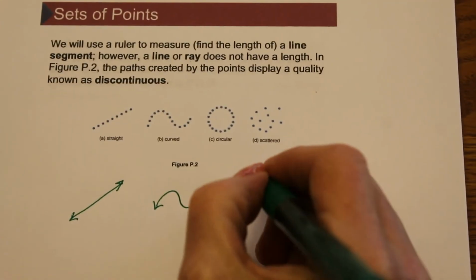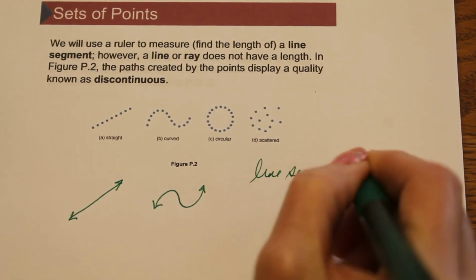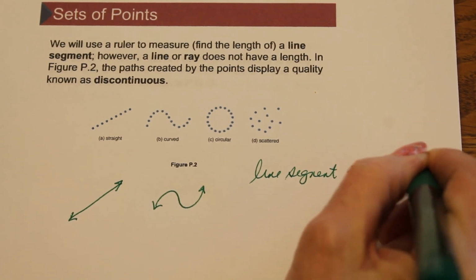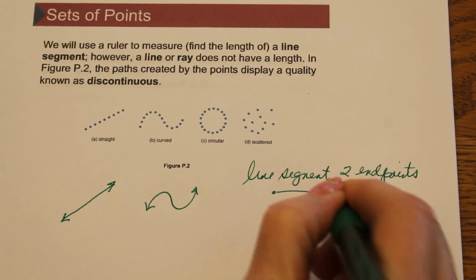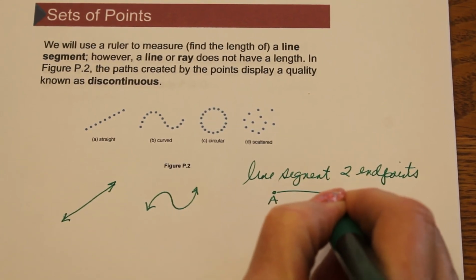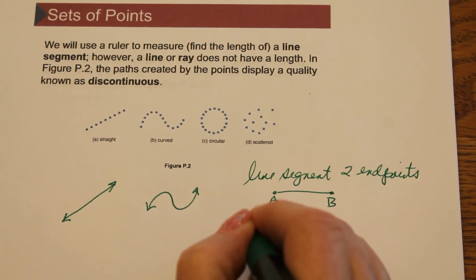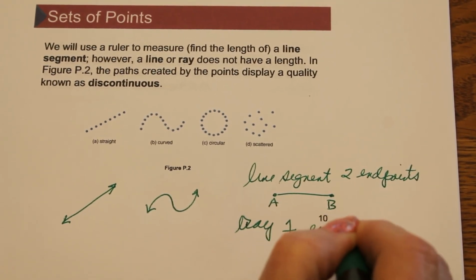So a line segment has two endpoints. Here's the point A and the point B. A ray has one endpoint.